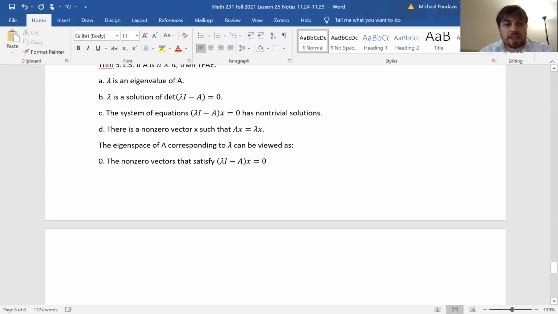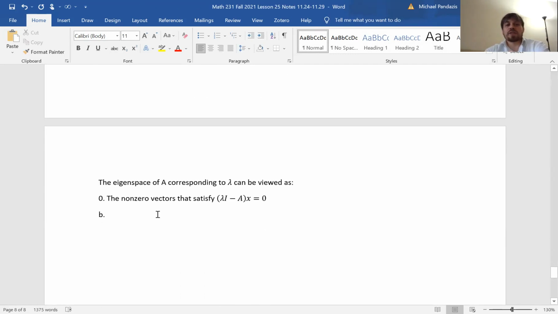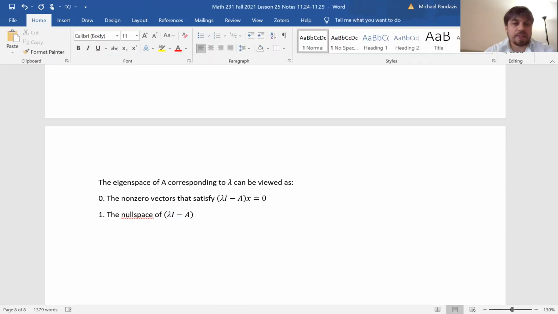Way 1 is the null space of lambda I minus A. Okay, so the non-zero vectors that satisfy that equation form the null space of lambda I minus A.